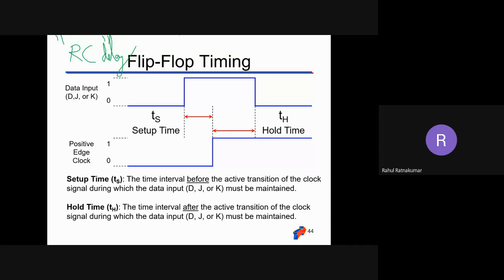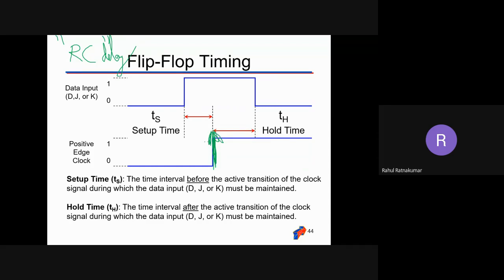Okay, that means you're in a train, you're waiting for a train, and the train is exactly coming at 10 o'clock. If I tell you to be there at least 5 minutes before the arrival of the train, then your setup time is 5 minutes. So the clock is coming at this point, so the time of triggering, that means the positive rising edge of the clock, is this time.